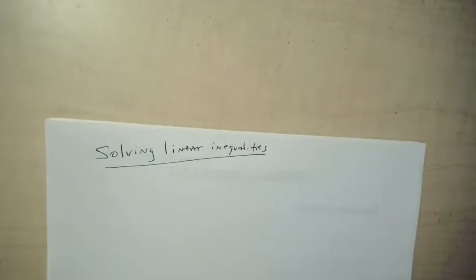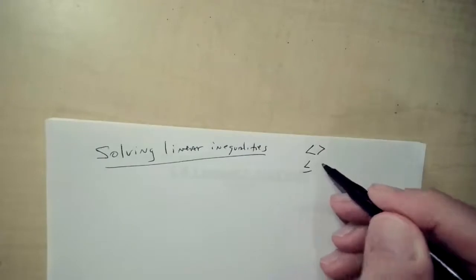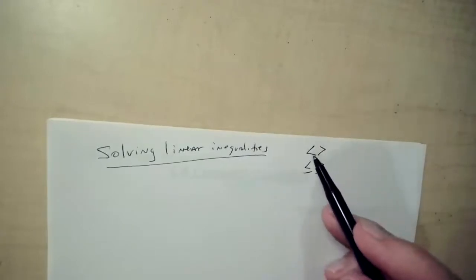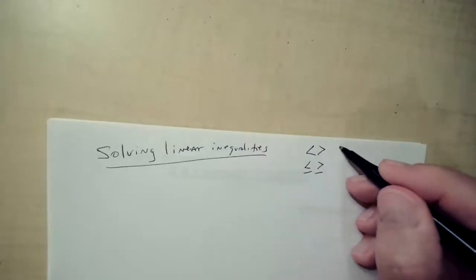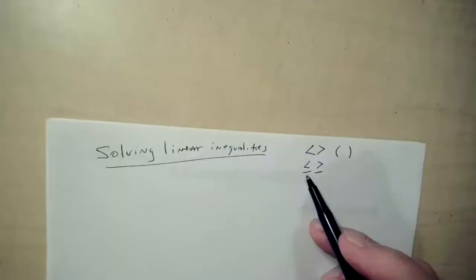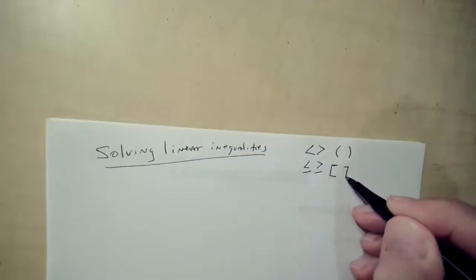Okay, inequalities are less than, greater than, less than or equal to, greater than or equal to. Now, if you have less than or greater than, we use parentheses. Less than or equal to, greater than or equal to, we use brackets.